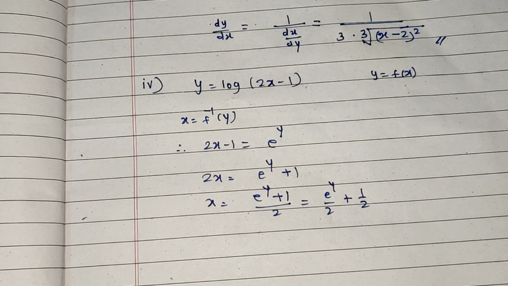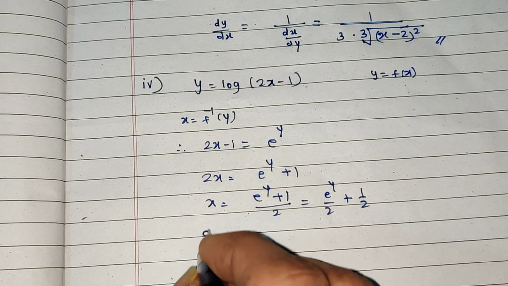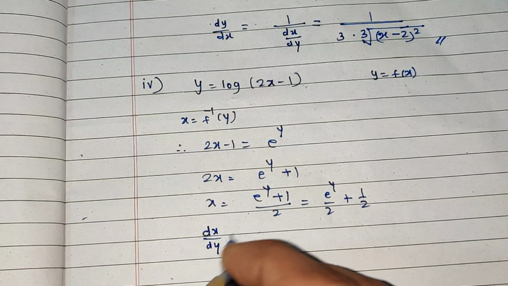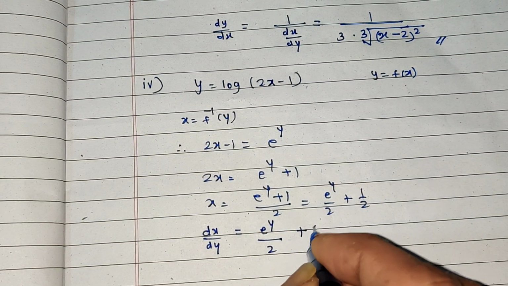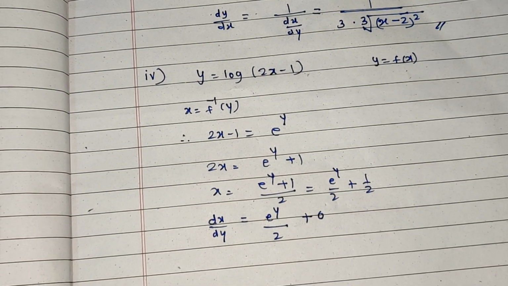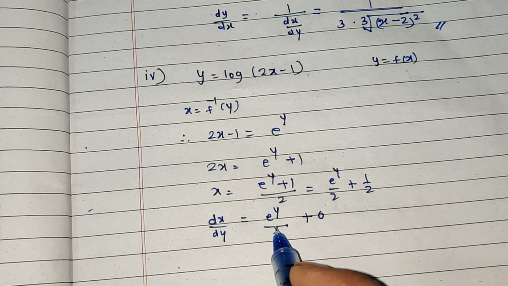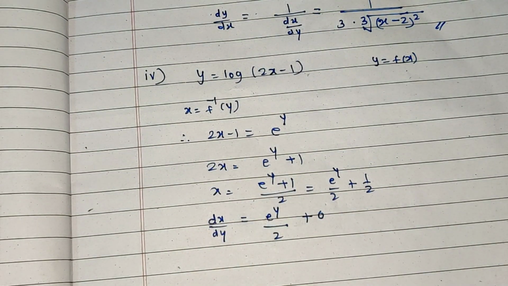We find derivative with respect to x. dx by dy is equal to, derivative of this is e raised to power y upon 2 and plus 0. But e raised to power y is 2x minus 1.